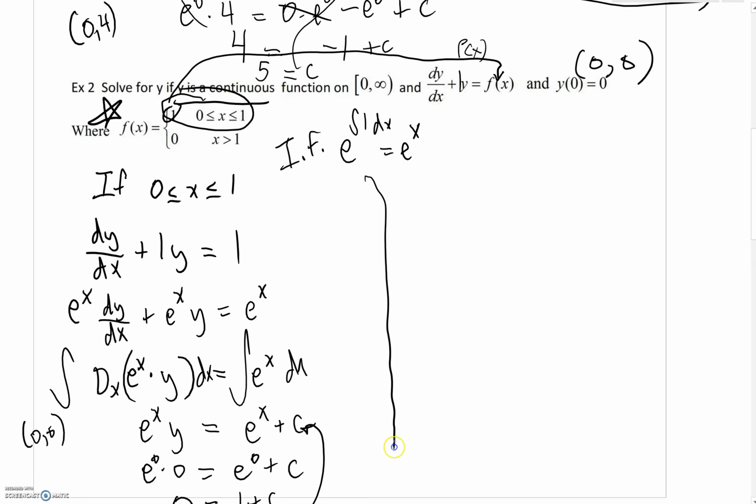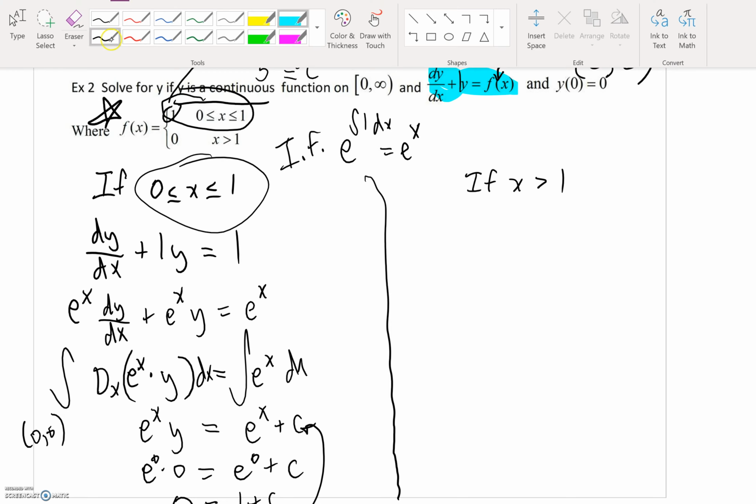We assumed that we were working this problem out only for x values between 0 and 1. You could very quickly say, now wait a minute, it's very possible that x is greater than 1. If so, your f of x is going to change. So this is why it's so important to pay attention to this piecewise function right here.